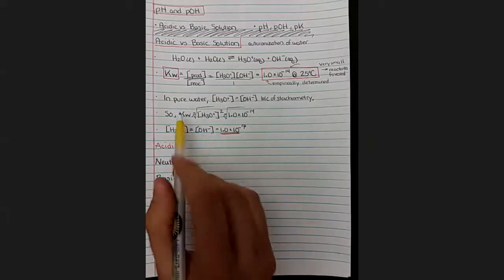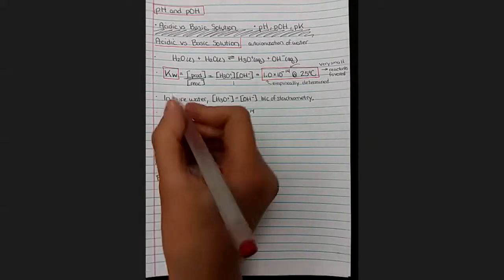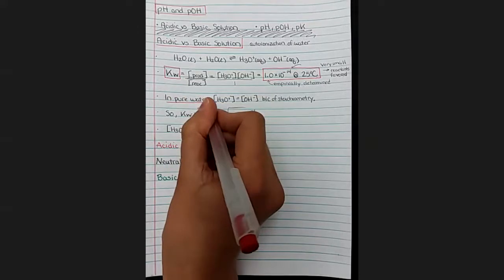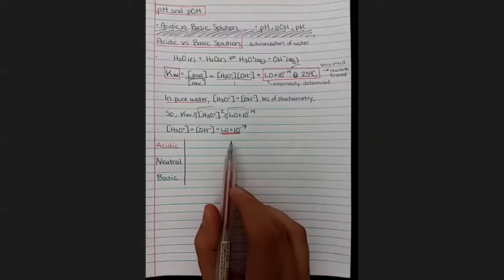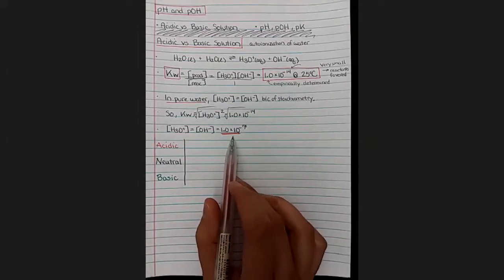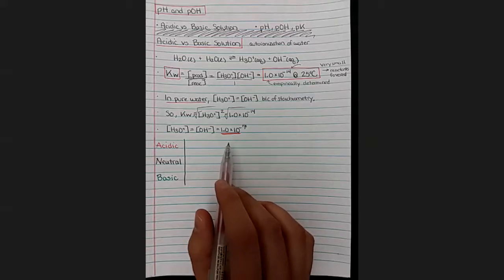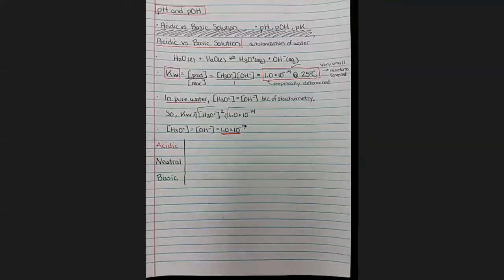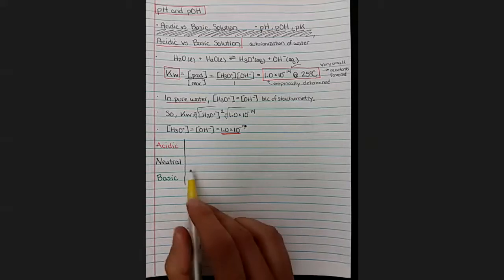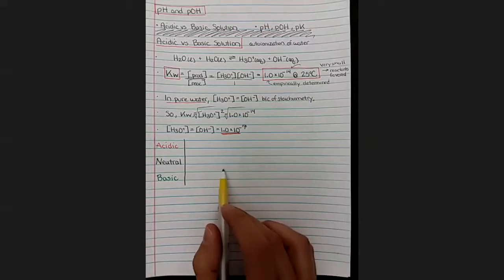So we're going to say if we have a solution of pure water, we're going to define that as neither acidic nor basic, because water can be an acid or a base. So it's going to be neutral. So at a neutral situation, we are going to look just like water. So we're going to make a table with information about the neutral solutions.